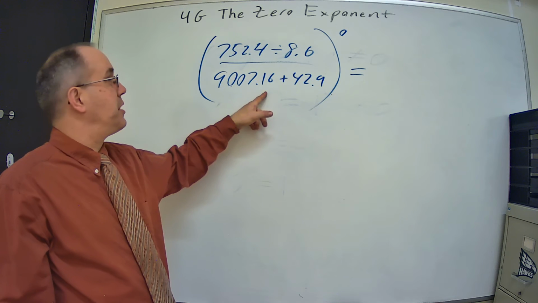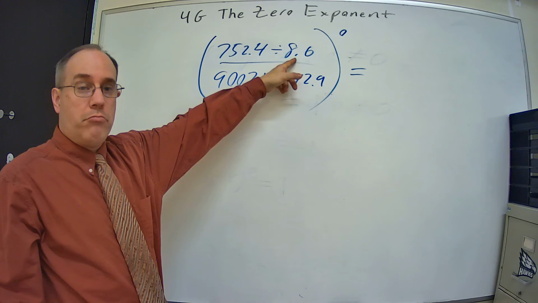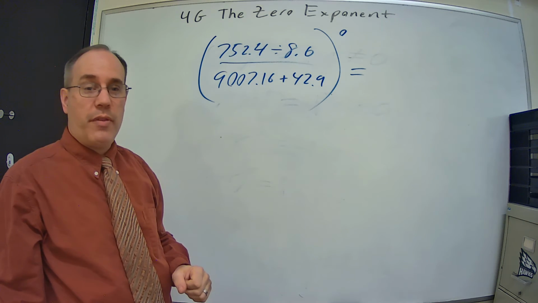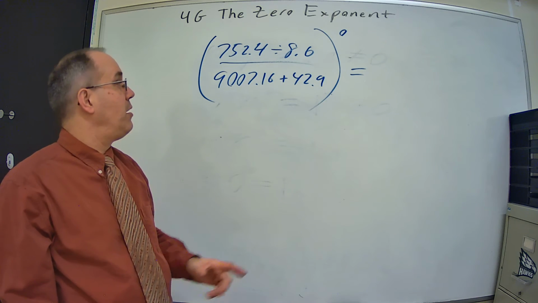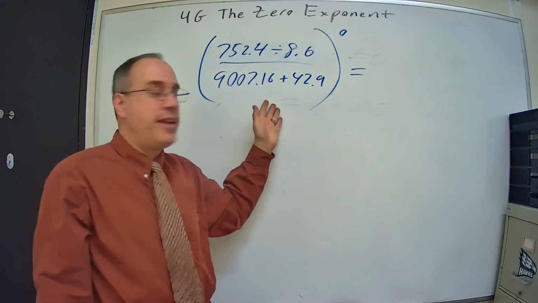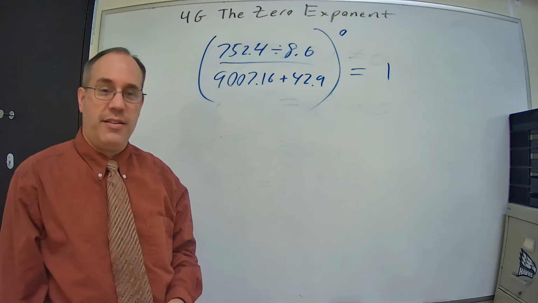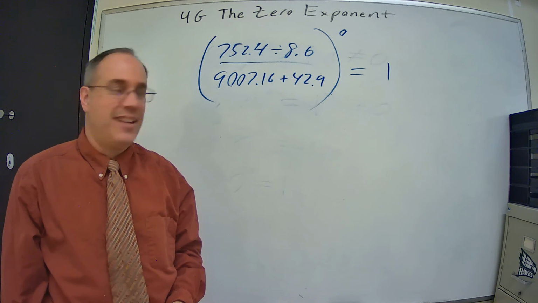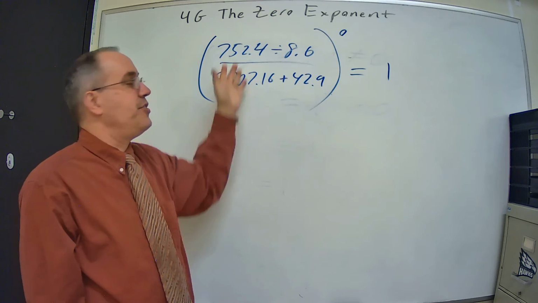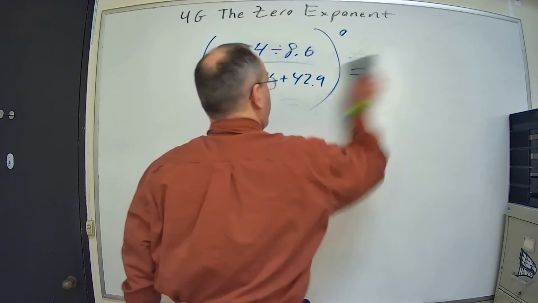All I have to do is look at this and go, that numerator is not 0. This divided by that is not going to give me 0. Therefore, this is going to give me some number other than 0. Any number raised to the 0th power is 1. Isn't that nice? I saw that 0th power, all I had to do was verify that this did not come out to 0. What about this one?